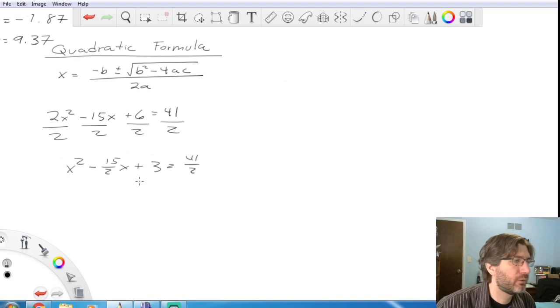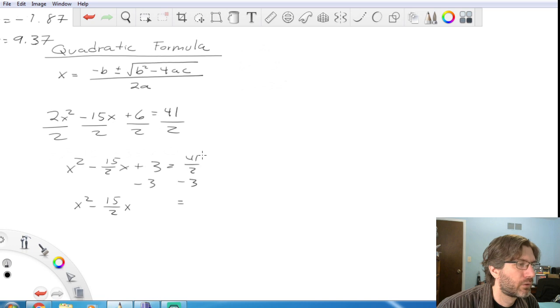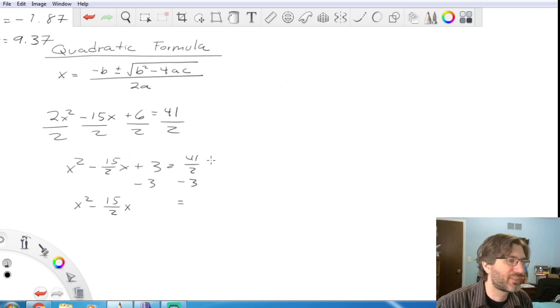And then we're going to get the 3 to the other side. So I'm going to subtract 3, I get x squared minus 15 halves x plus something is going to equal, what is this? I need a common denominator, so might as well have left that as 6 over 2 actually.